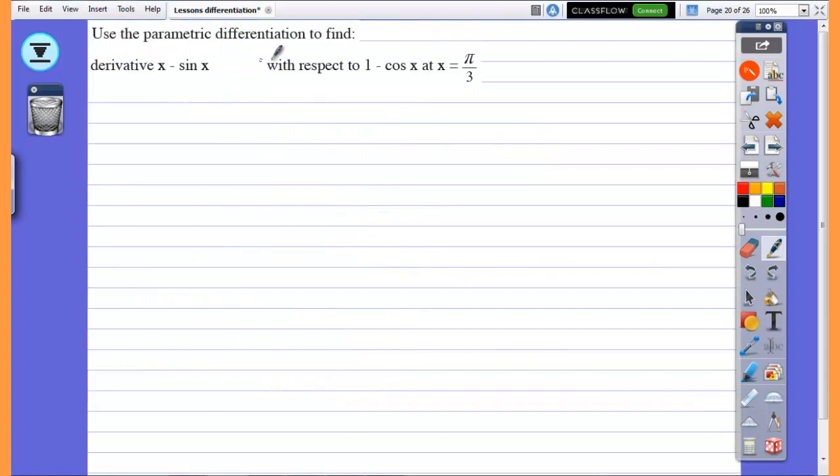Now use parametric differentiation to find the derivative of x minus sine x with respect to 1 minus cosine x at x equals pi over 3.